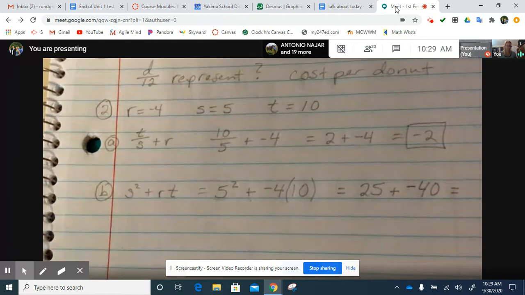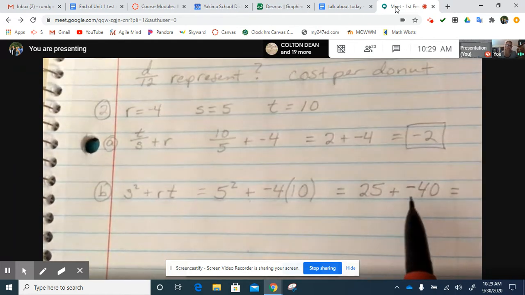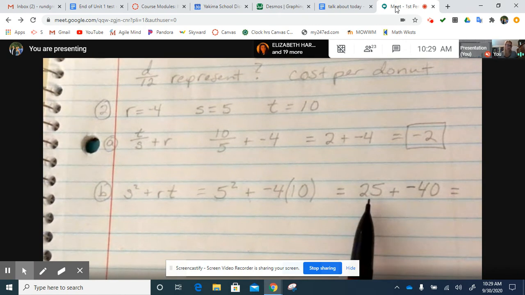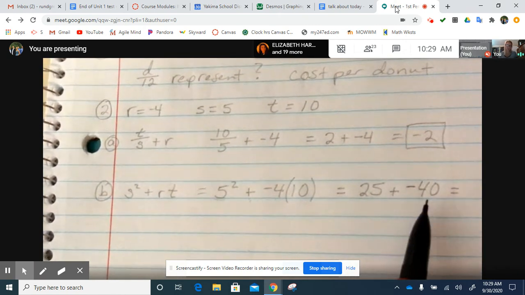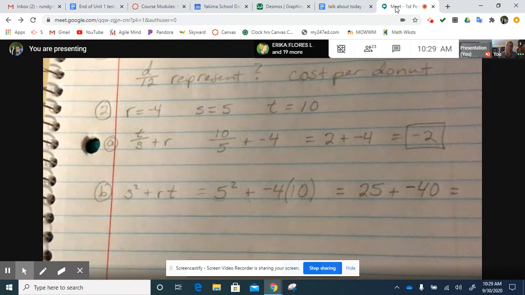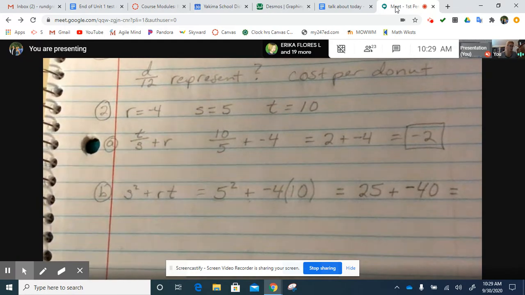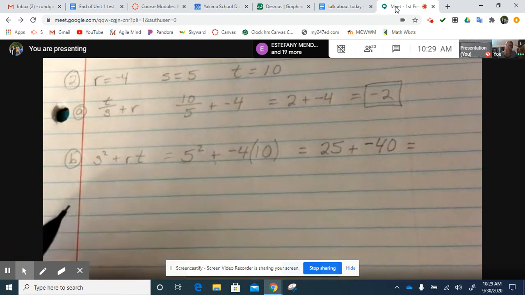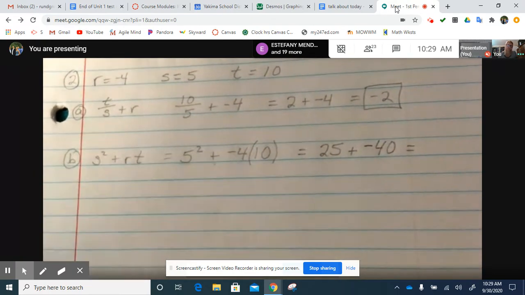Okay, so last step, 25 plus a negative 40. Got to go up 25, but then down 40. Or you could think of it as 25 minus 40. Very good. Negative 15.